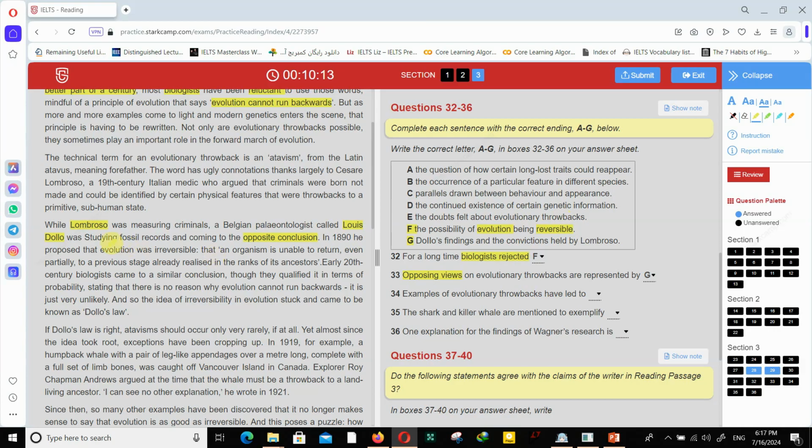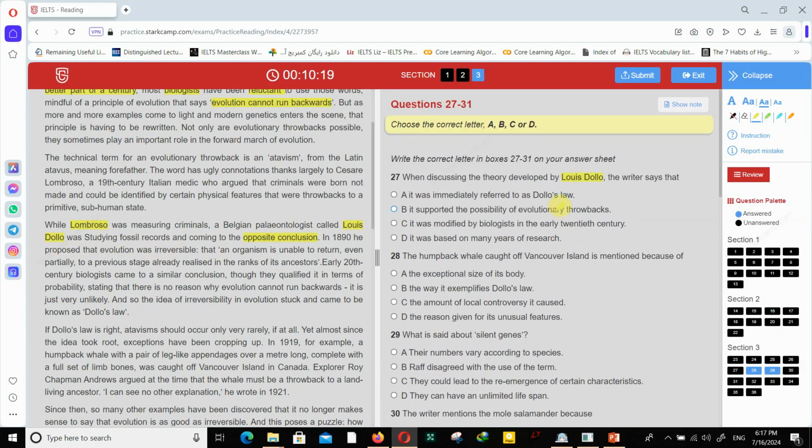And because here mentioned Luis Dollo, I have this suspicion that maybe I'm going to find the answer for question 27 as well. When discussing the theory developed by Luis Dollo, the writer says that, okay, in 1890, he proposed that evolution was irreversible, that an organism is unable to return, even partially, to a previous stage already realized in the ranks of its ancestors.